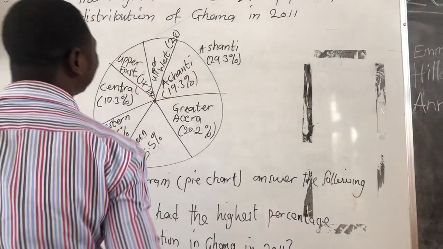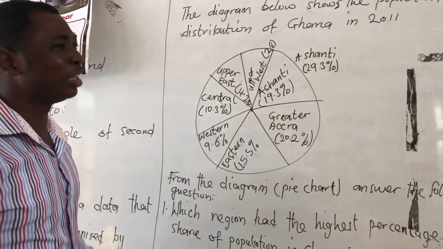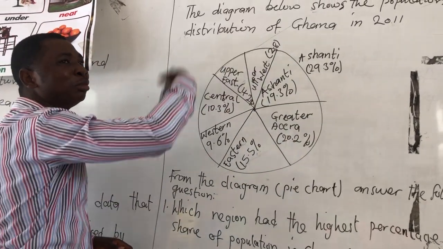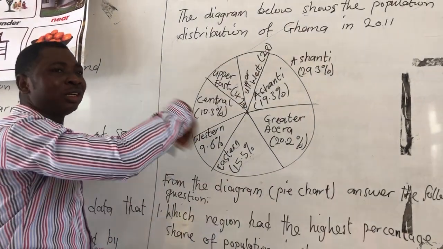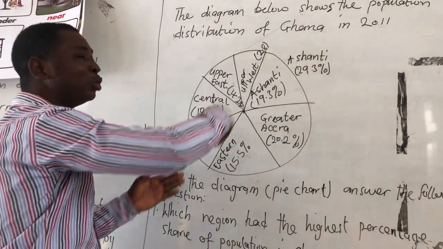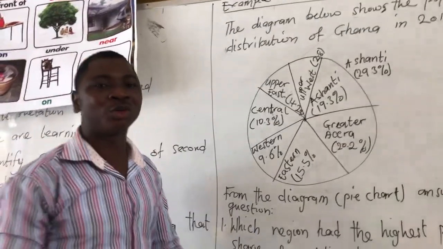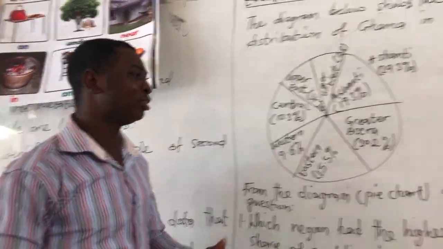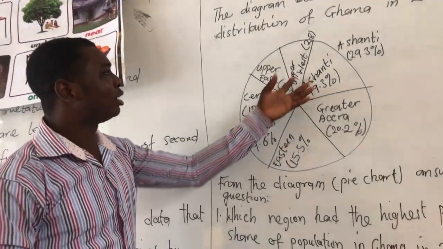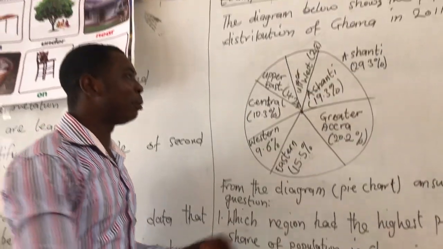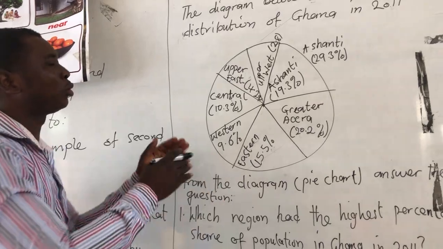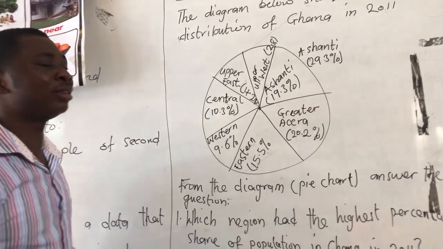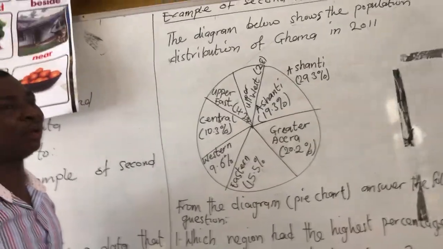You know a pie chart is a round circle that is constructed and divided into sectors. So this information is about the regions, and the population that was distributed in the year 2011 in Ghana.